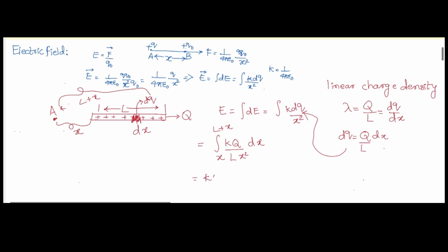So K q by L into 1 by x square dx from x to L plus x is equal to K q by L into minus 1 by x, that is K q by L into 1 by x minus 1 by x plus L.